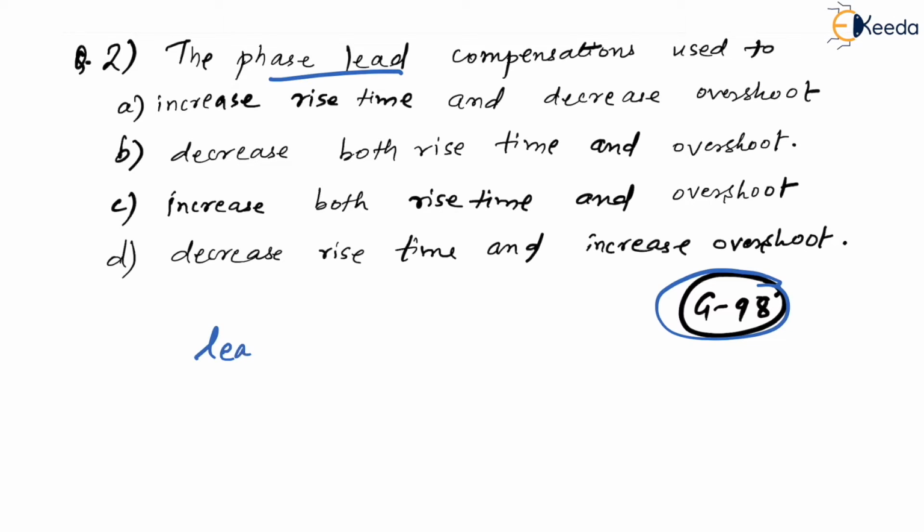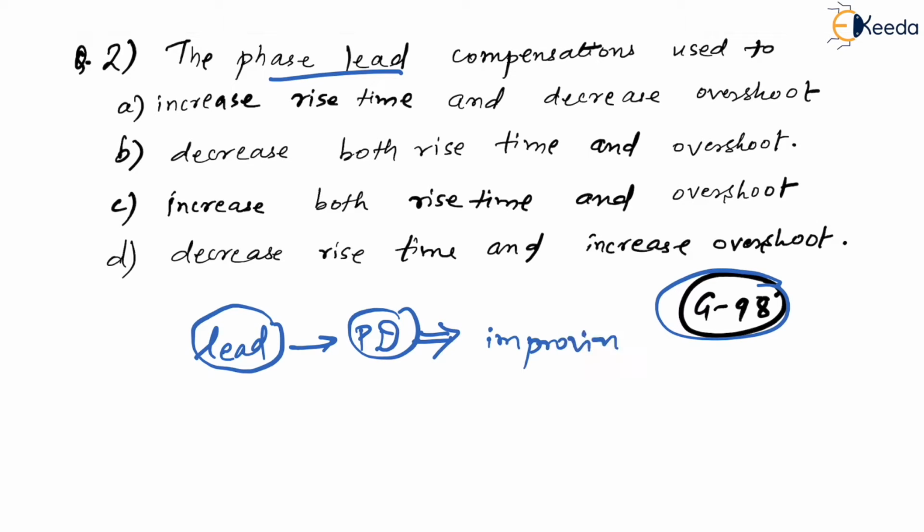We know that when we talk about a lead compensator, lead is the same as PD. Now we know that PD is used for improving transient response, or rather improving transient behavior. We have seen that.